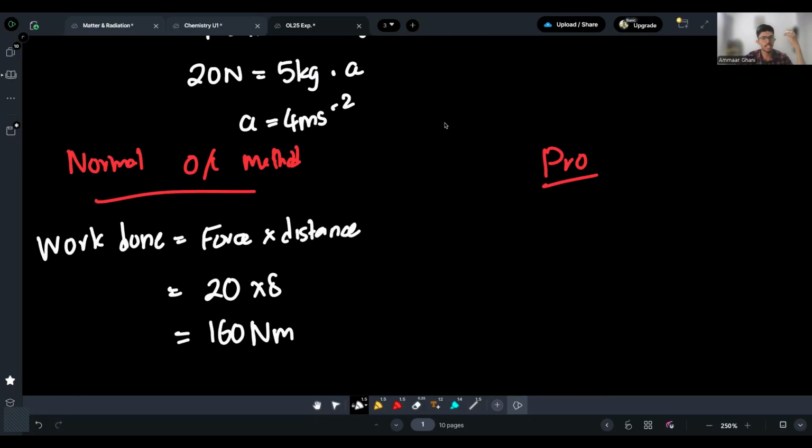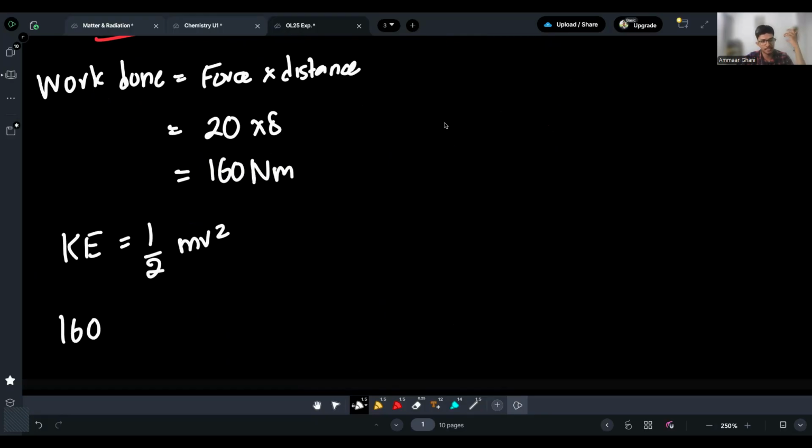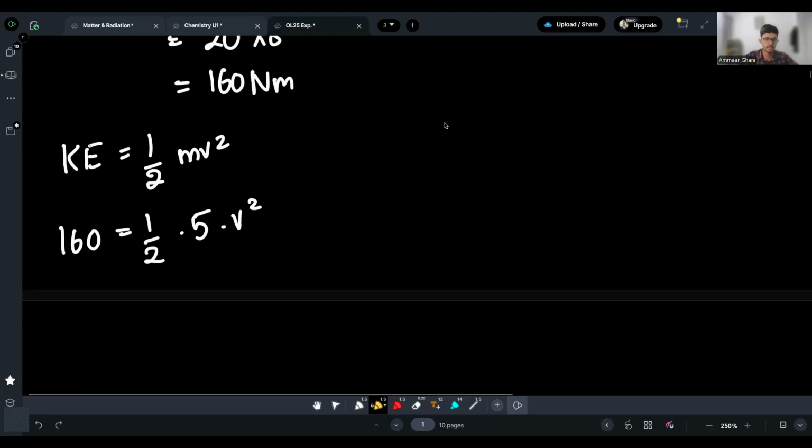Okay. After you find the work done, since the object was in motion, you take kinetic energy, which is half mv squared. So you know that the energy is 160 and the mass of the object is 5 kilogram. And here you go, you have the velocity variable here. If you solve this, you will get the answer for the velocity.